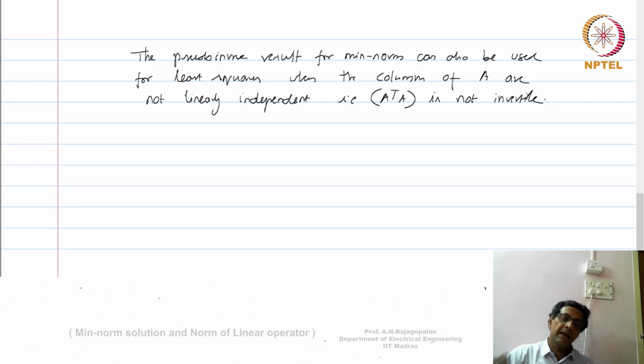But among the x's that will take you there, if you use the min norm idea, or the pseudo-inverse, it will give you the x that has the smallest norm, because A transpose A is not invertible.